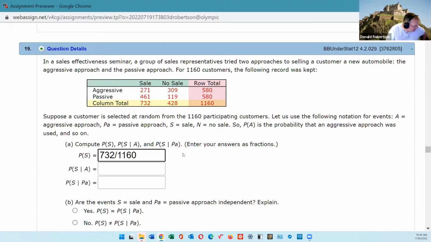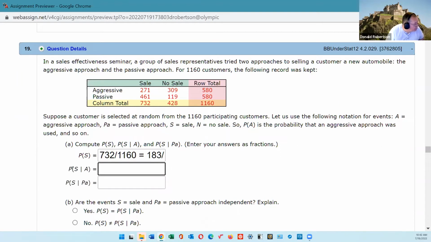They want the answer as a fraction, so it might simplify. I'm about to see if it does. Pretty sure it does a little bit at least. And 183 over 290. So there we go.